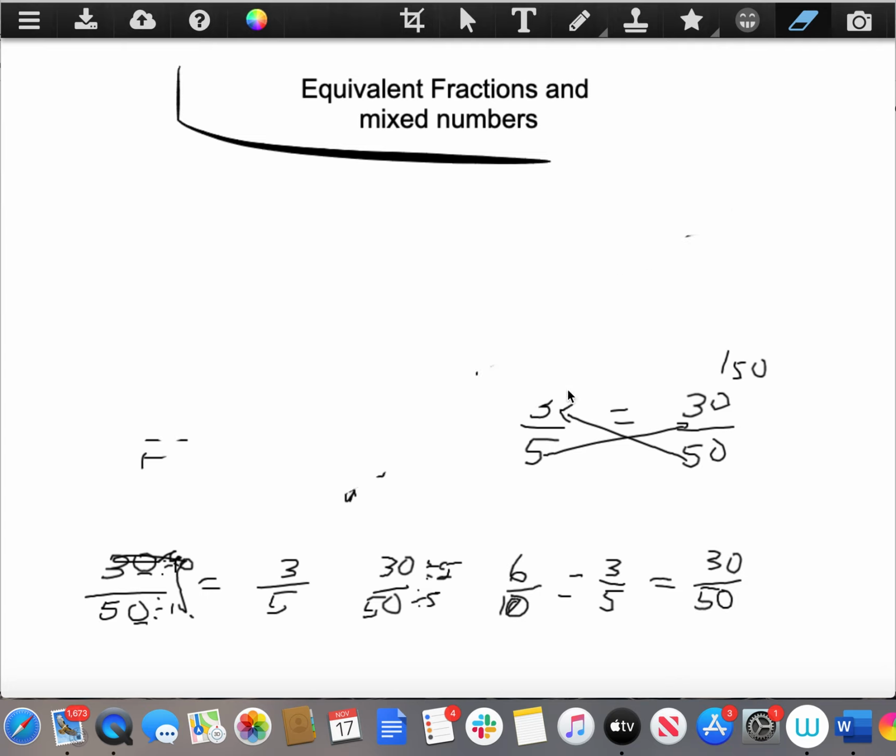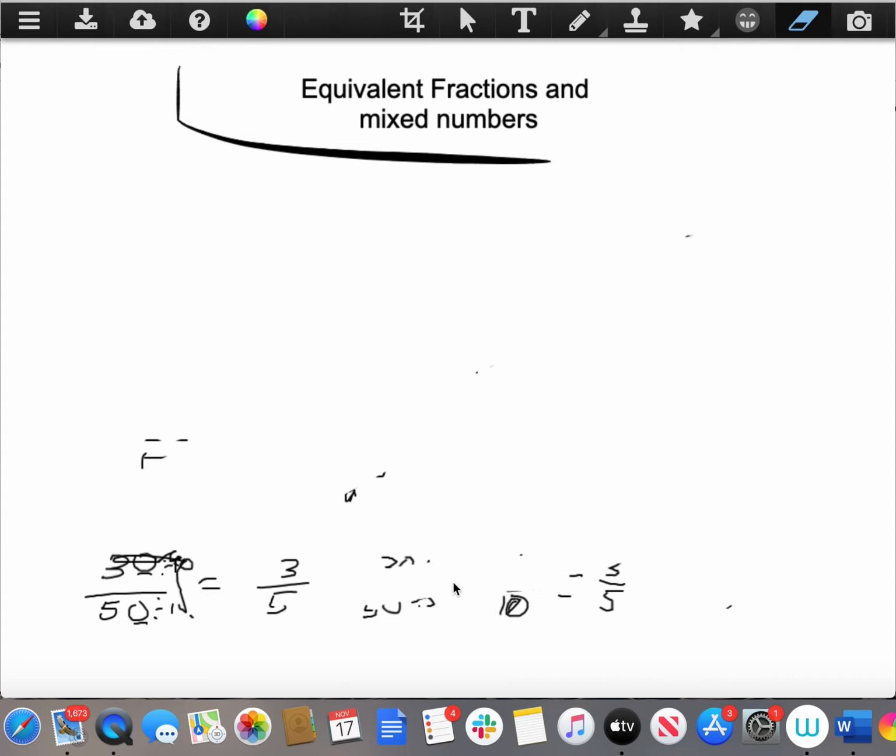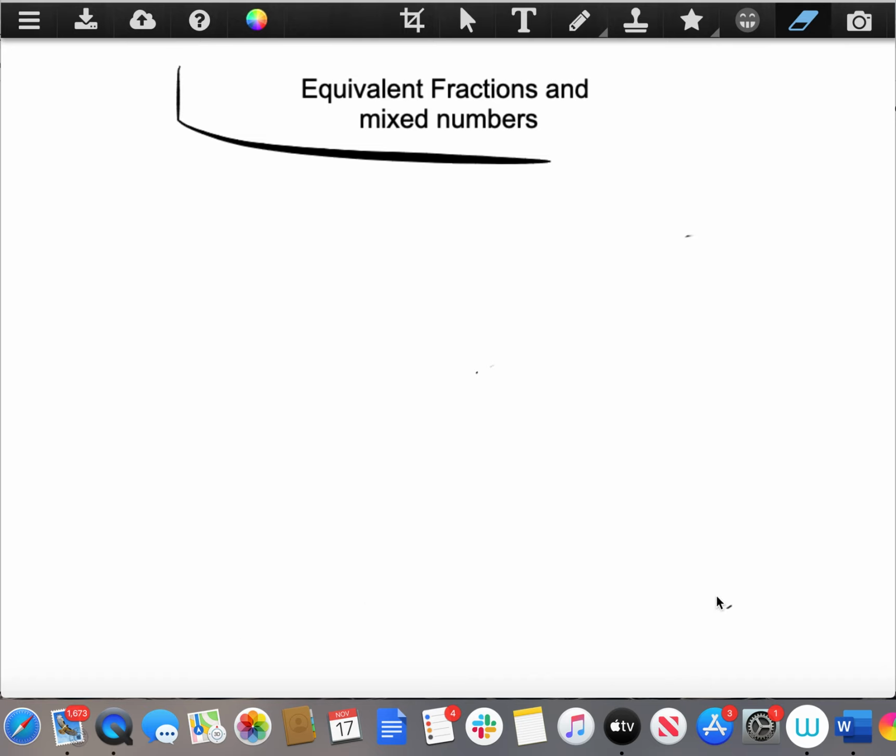If I'm asked to write fractions with common denominators, which is another part of what you're going to be doing with the equivalent fractions, I like to use the X method to check for whether they're equivalent or not. But you can also make equivalent fractions by finding common denominators. Let me show you.